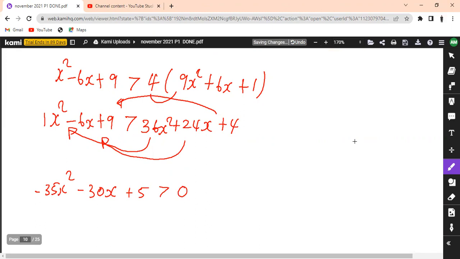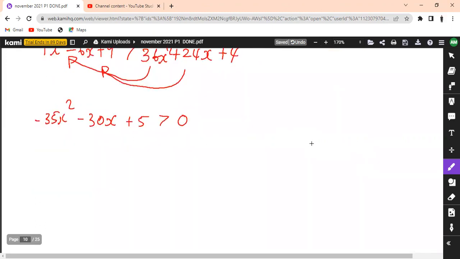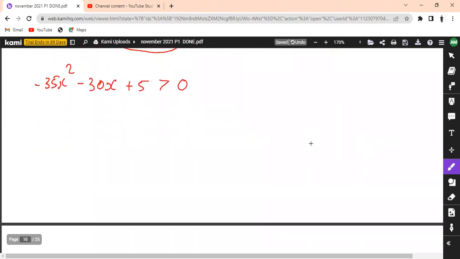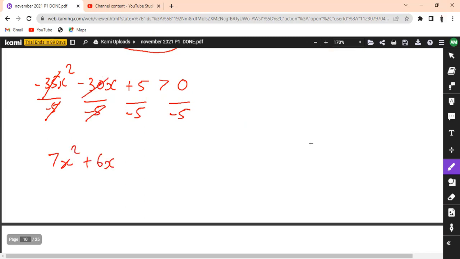So we can reduce our inequality before we solve it. We can actually divide throughout by -5, so that we just avoid working with a negative. So it's 7x squared, negative and negative is a positive 6x, negative into positive, which is minus 1 here.